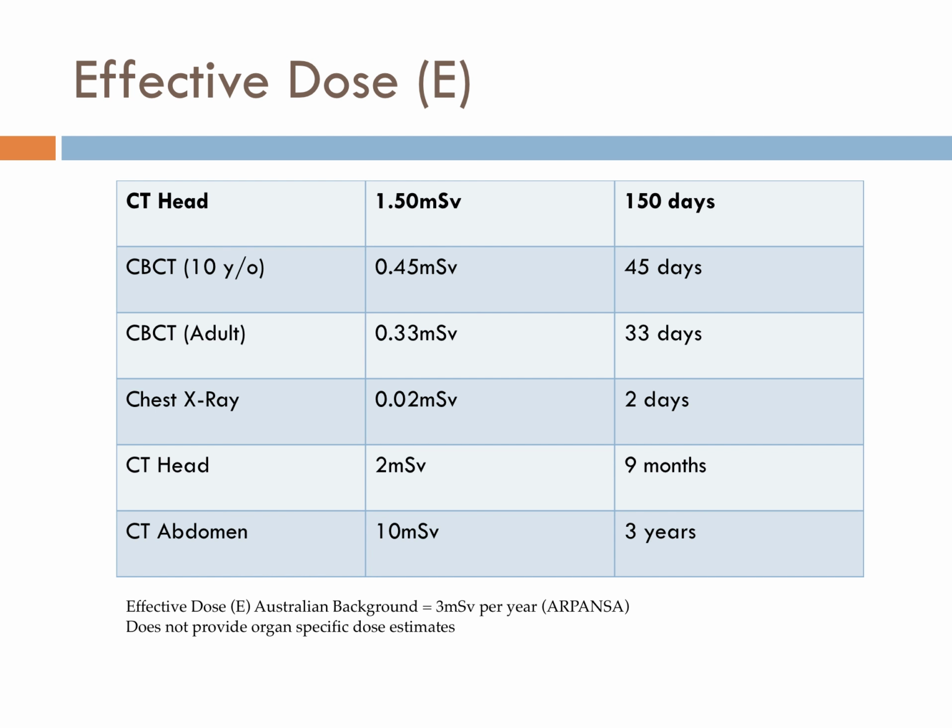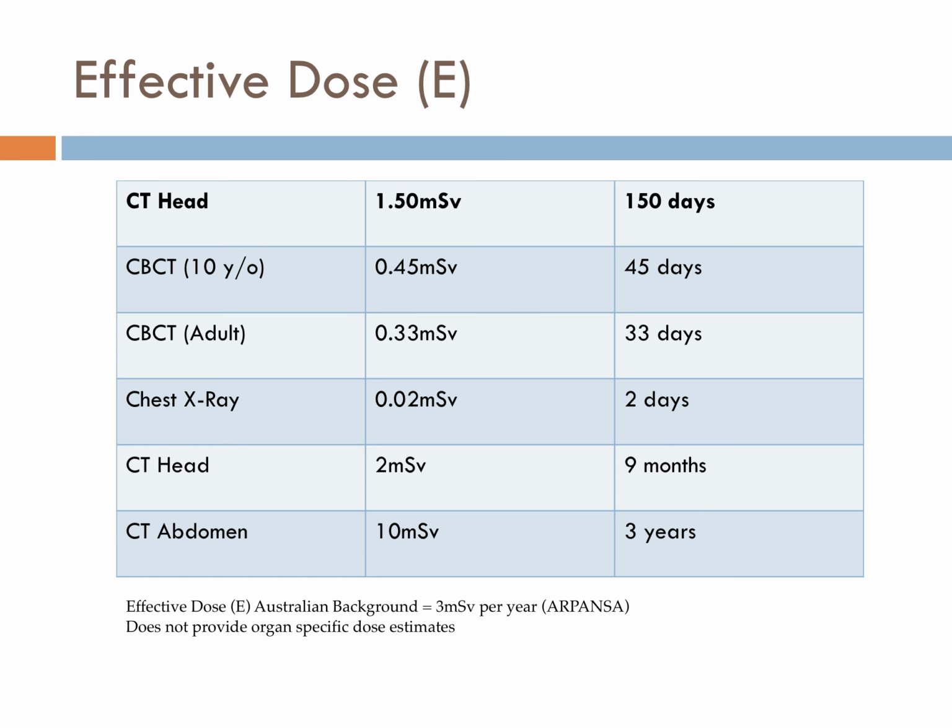That's the ARPANSA dose rates. And so what we normally do with radiological procedures is we look at the effective doses that are delivered in a particular procedure, and then we compare that back to the Australian background radiation dose.